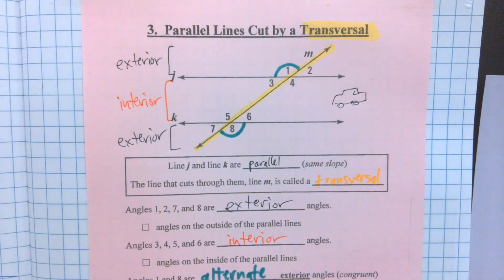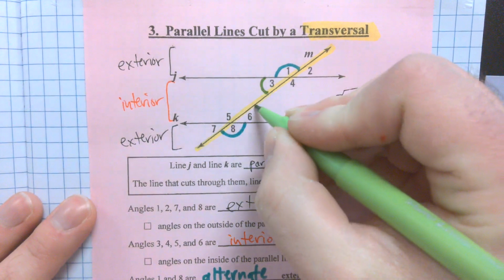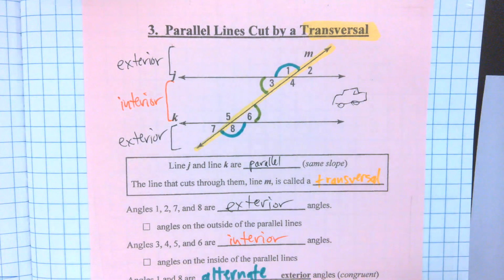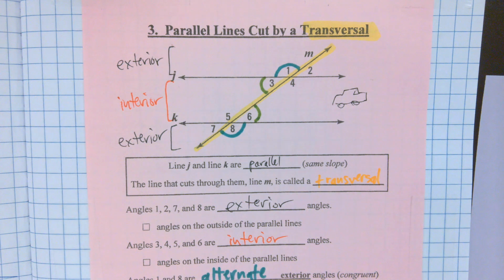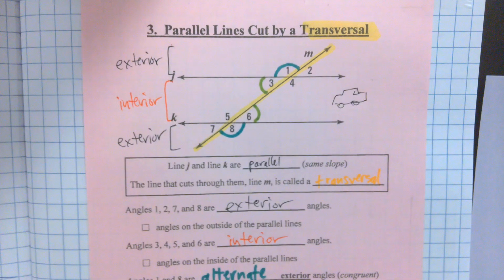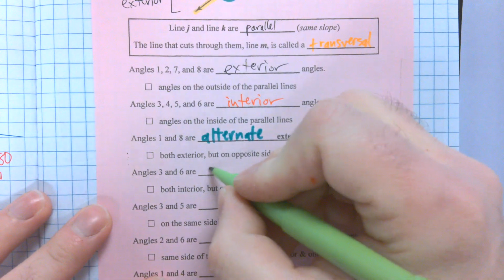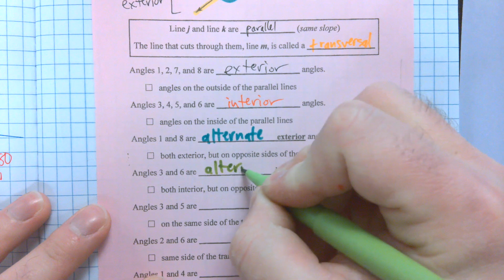If we look at angles 3 and 6, here's angle 3, there's angle 6. Are those interior angles or exterior angles? Interior angles. Are they on the same side of that yellow line, or are they on alternate sides of the yellow line? Alternate. So we're going to call them alternate interior angles.